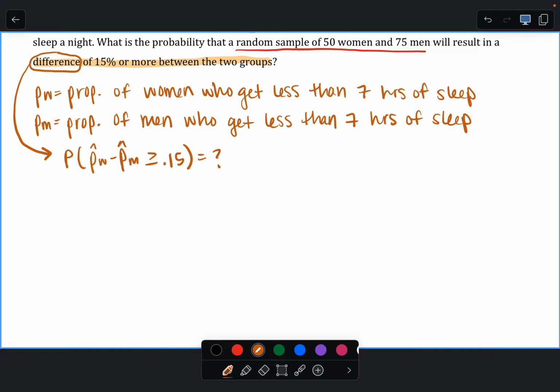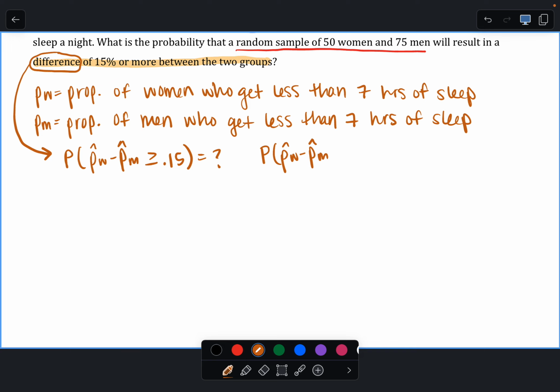Now, this is not true for every single question. You don't have to do two of these for every single question. And I say that because most of the time you're not. I just picked this question because I knew we were going to have to do two of them. The other possibility is when I take women minus men. So the first one that I have is the probability that women are higher.